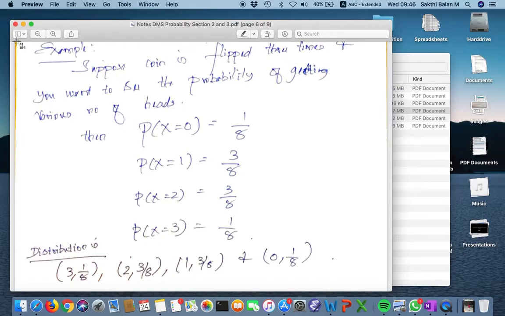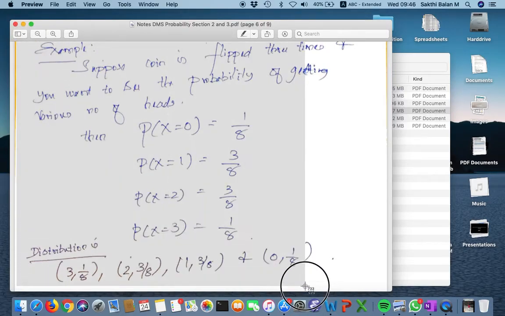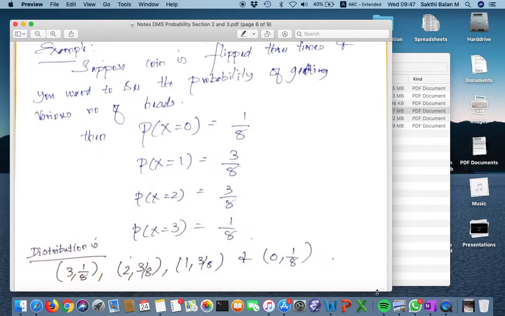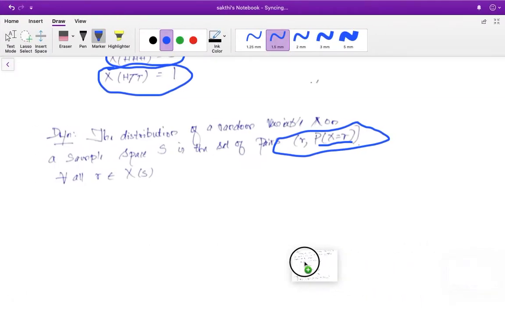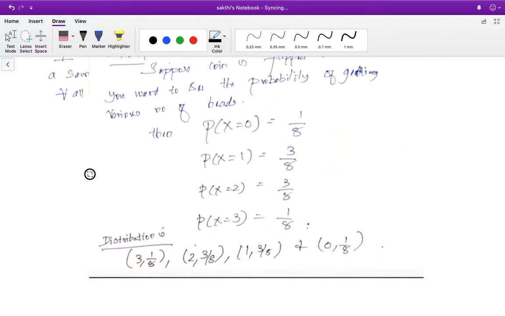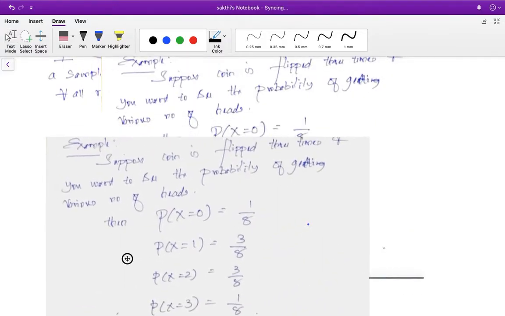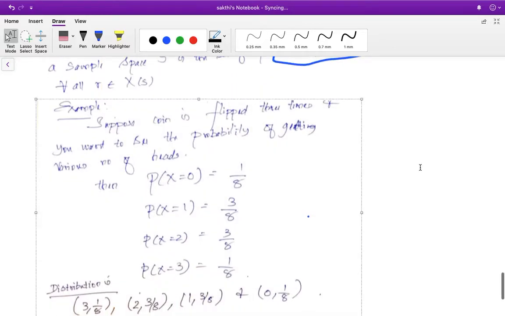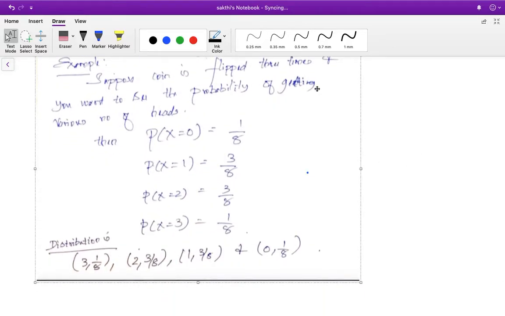You are tossing the coin 3 times and then you want to see the probability of getting the number of heads. So suppose the coin is flipped 3 times and you want to see the probability of getting various numbers of heads, right?